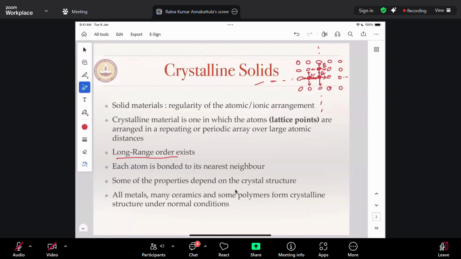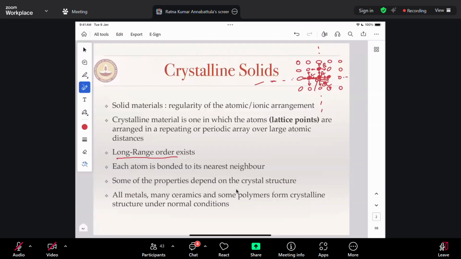Suppose this is an atom and the surrounding atom is sitting at a distance of a. Over several thousands or millions of atomic distances, the order exists. That means the environment remains the same over thousands or millions of atomic distances. If such an order exists in a material, it is called a crystalline material.